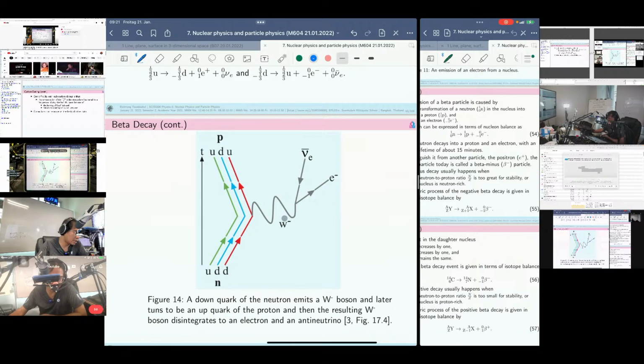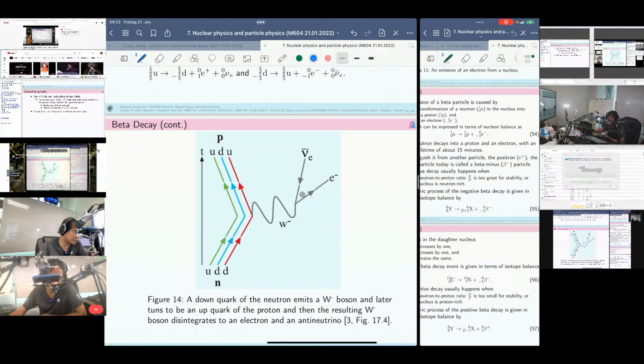It changes itself to become the up quark of the proton, and the particle now becomes a proton, no longer a neutron. And the W minus boson disintegrates into an electron and an antineutrino.